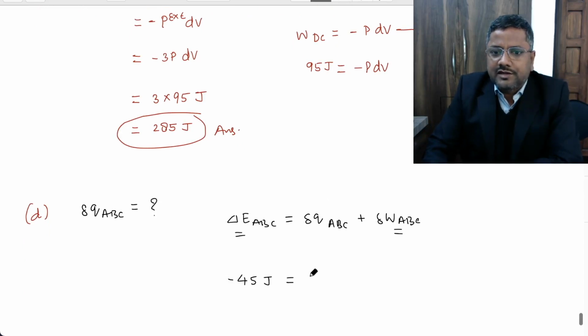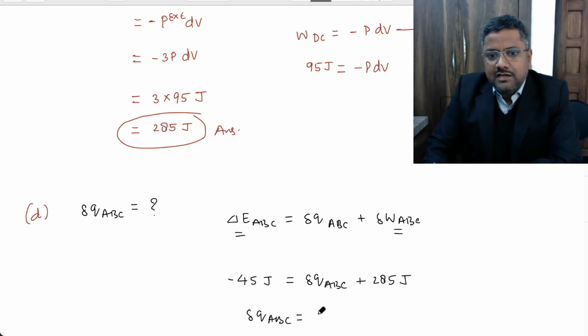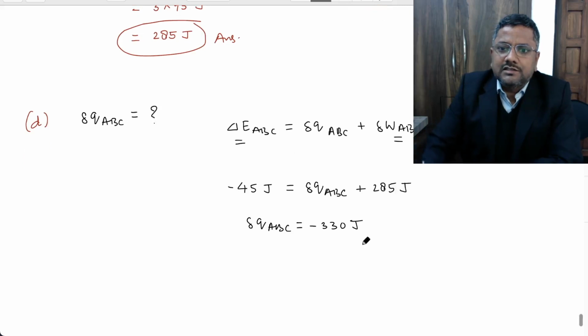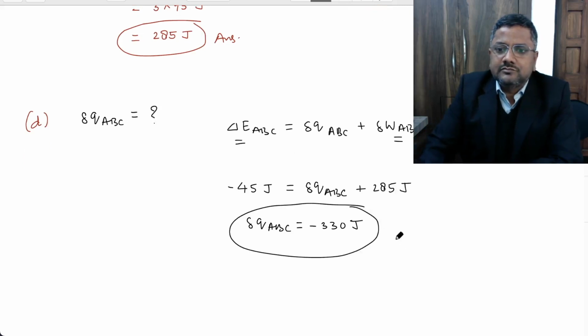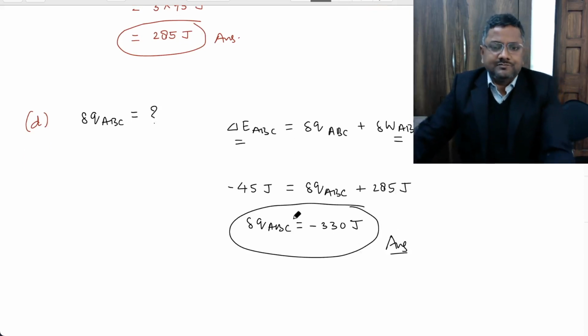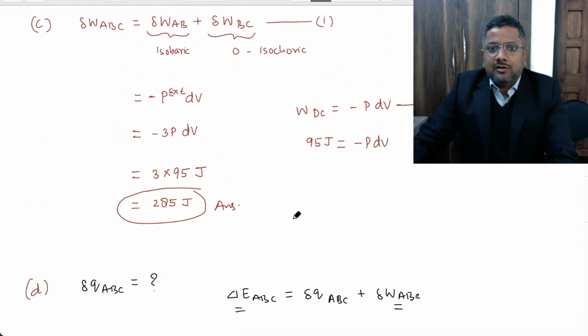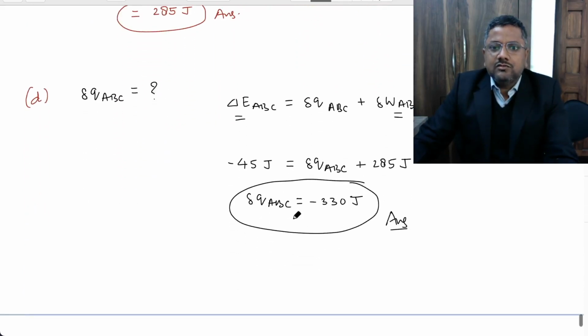This is equal to delta Q ABC plus 285 joules. So delta Q ABC is equal to minus 330 joules, right? And this is the answer. So see, in this way you can calculate different parameters if you have idea about the formula and how to apply the formula, right?